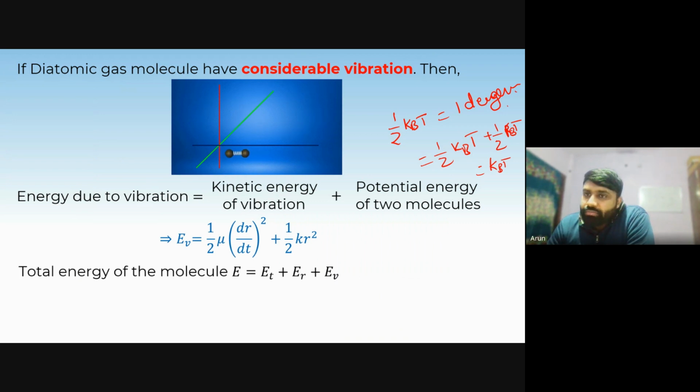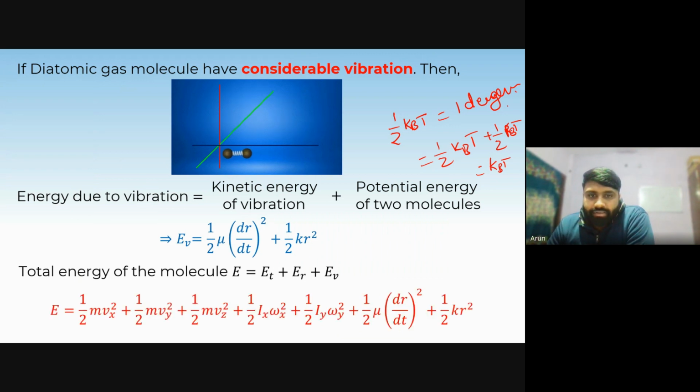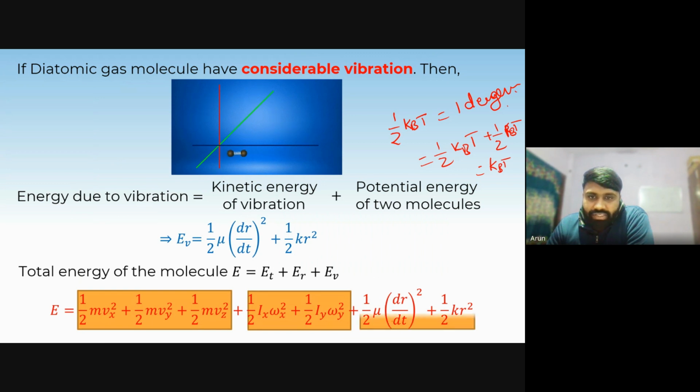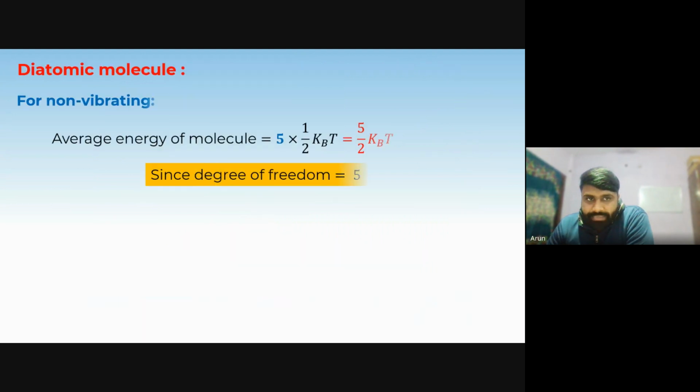So the total energy of the molecule now becomes E translation plus E rotation plus E vibration. This is the total energy expression for a diatomic gas: this is translation, this is rotation, and this is vibration. Now for non-vibrating molecules, only 5 degrees of freedom are there, 3 from translation and 2 from rotation.